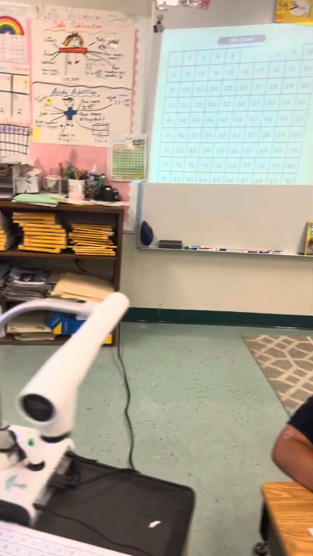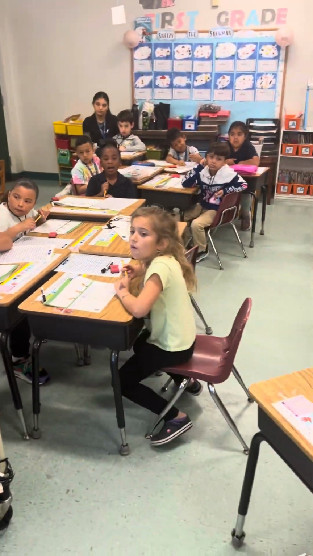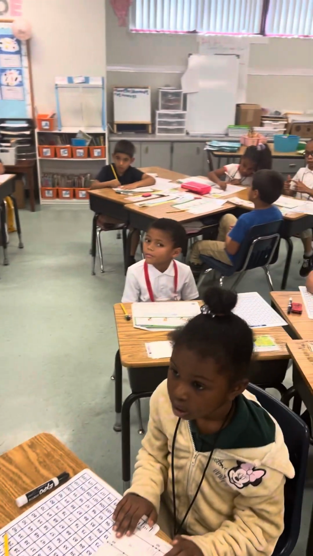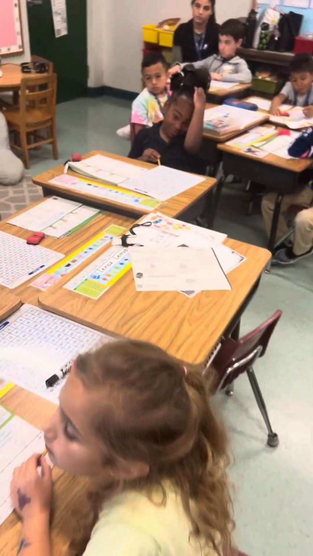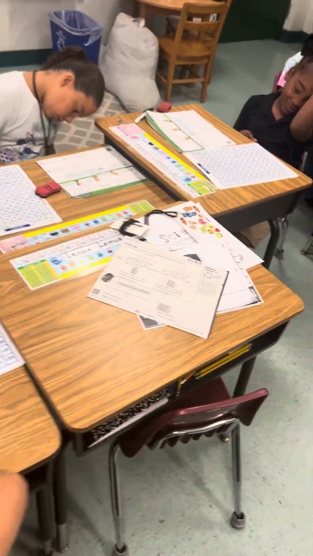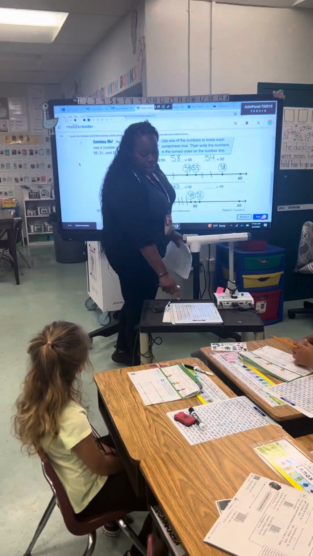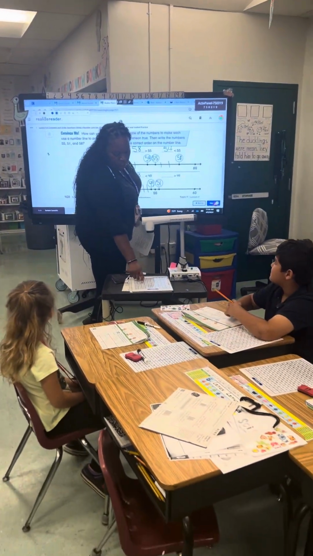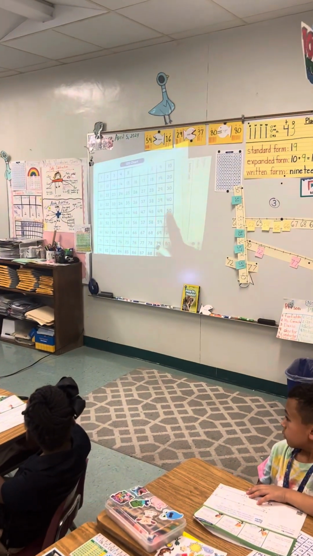All right, now let's compare the next set of numbers. Now we need to write the number that is greater than 49. Which one of these numbers, 43 or 51, is greater than 49? Remember, if you look at 49 on your 100s chart, the numbers get greater to the right.